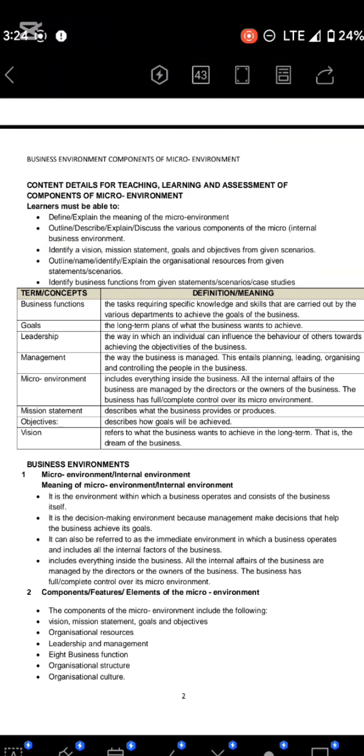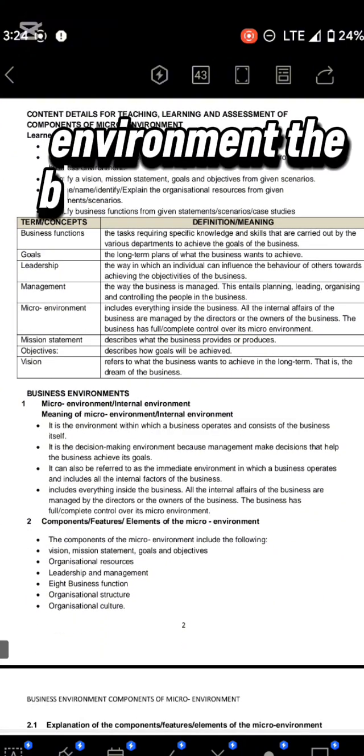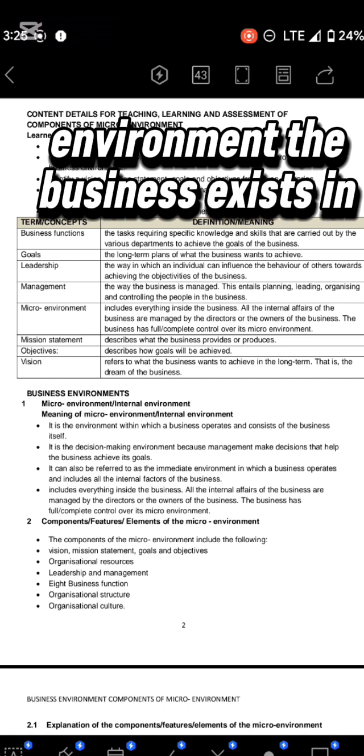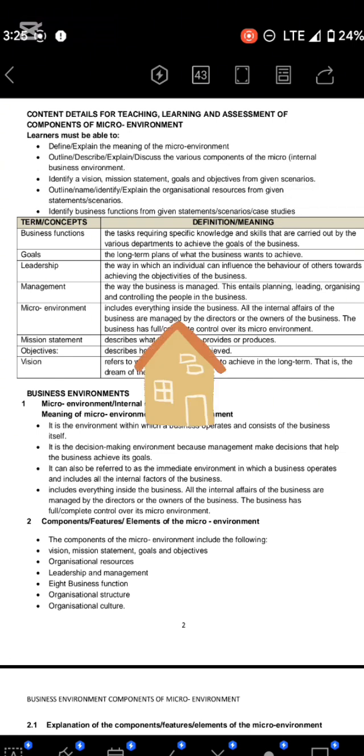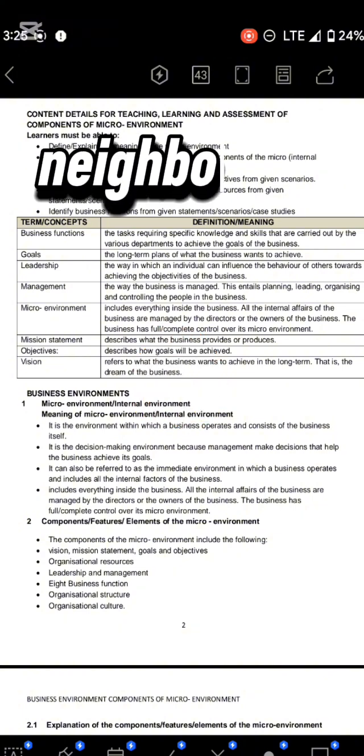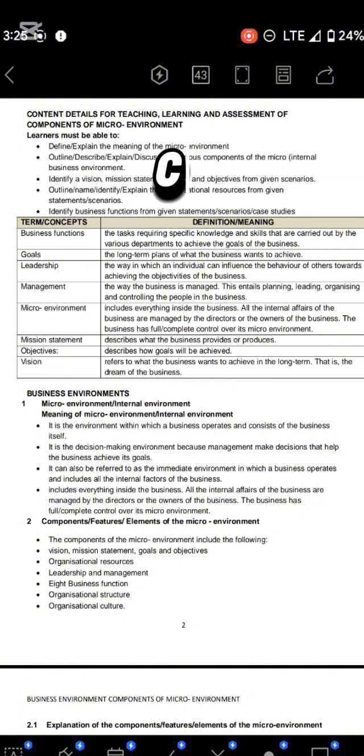All right. So when we look at the micro environment, we're simply saying that the environment that a business exists within. Let me break it down for you. Think about your house, right? Your house is in a neighborhood, which forms part of a city, which forms part of a province, which forms part of South Africa.